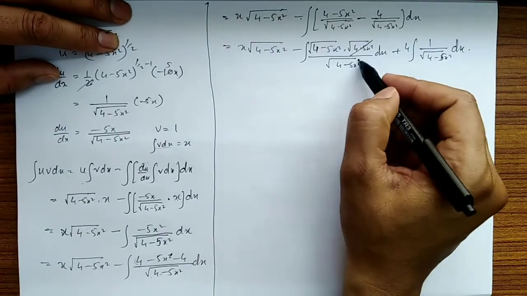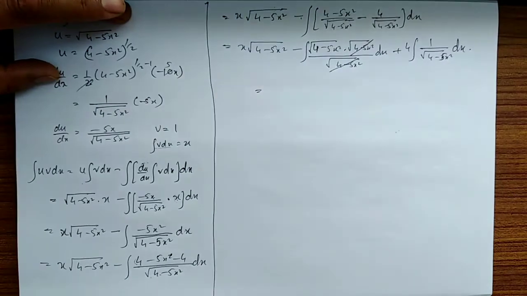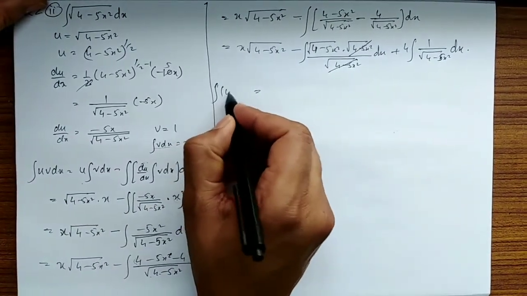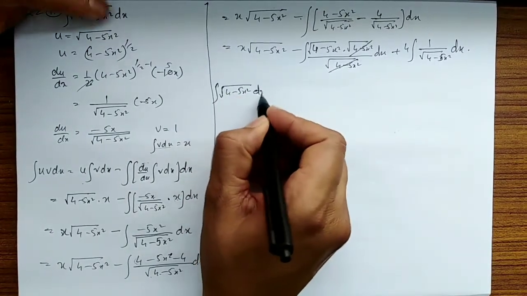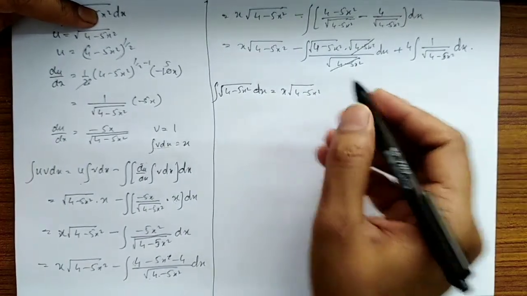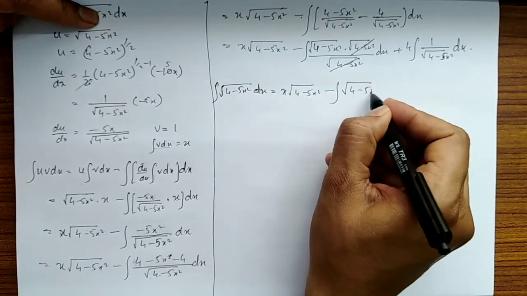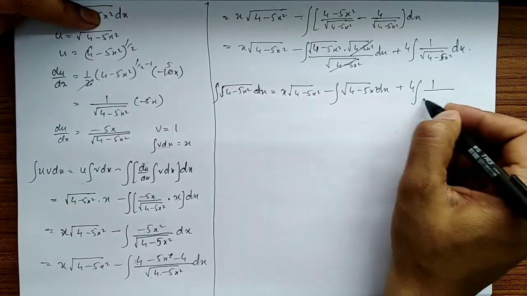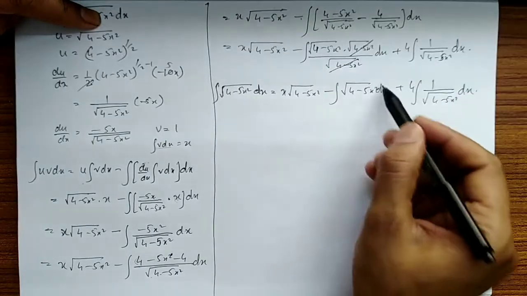And now, by cancelling this part and this part, keep in mind that on the other side we have the integral of root of 4 minus 5x square dx, and x into root of 4 minus 5x square, and minus the integral of root of 4 minus 5x square dx plus 4 into 1 upon root of 4 minus 5x square dx. So we are going to shift this part to the other side.